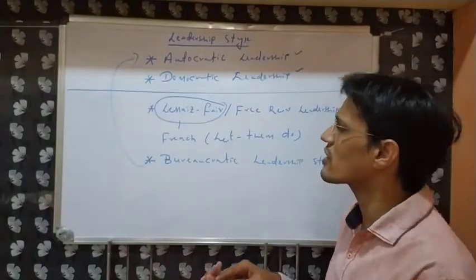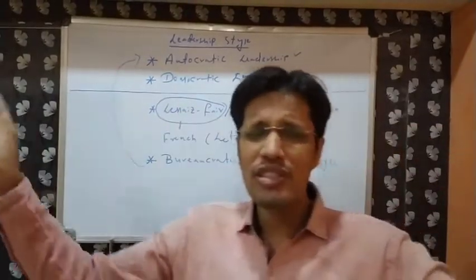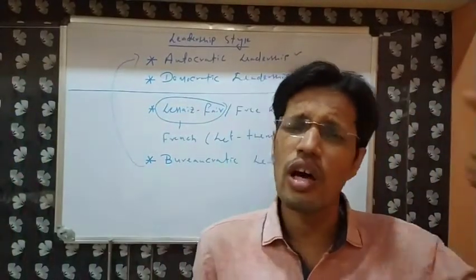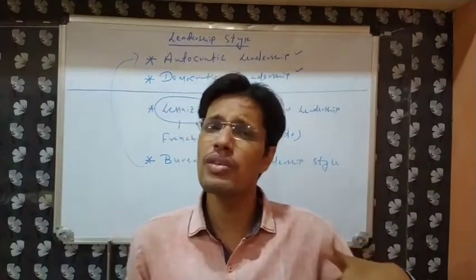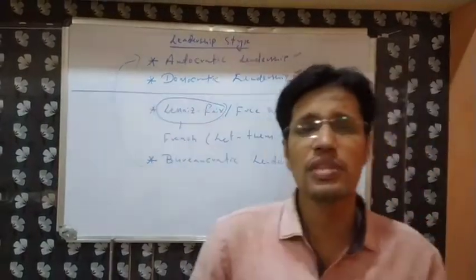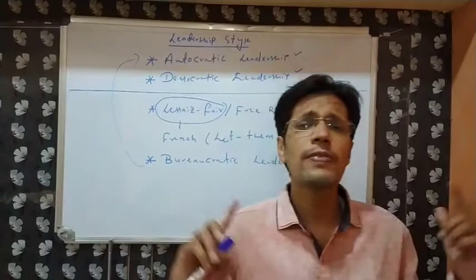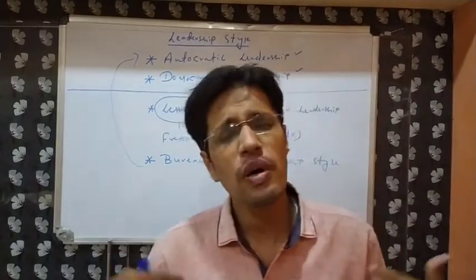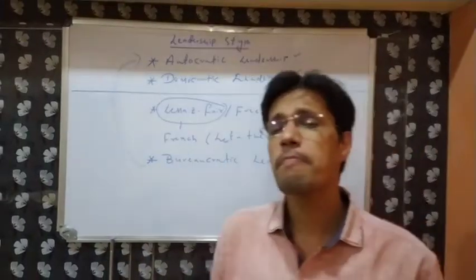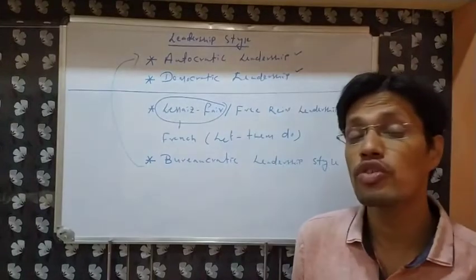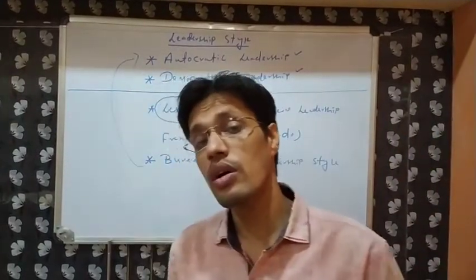But in the autocratic leadership style, no policies and procedures of the organization are considered; the leader considers his own policy. In the bureaucratic leadership style, the leader considers the policies and procedures of the organization.